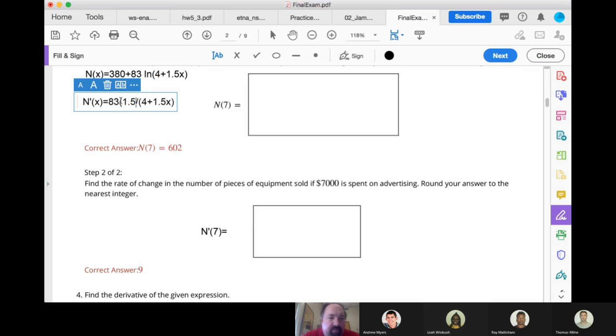So then we'd have 1.5 up here. So after cleaning up everything, you'd have 124.5 divided by 4 plus 1.5x. So then you would substitute x equals 7 into here, and then rounding to the nearest whole number, you would end up with 9.